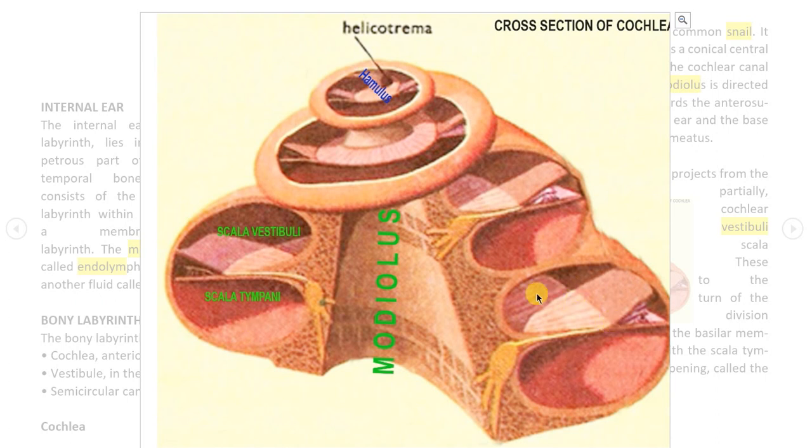That means if you enter from here, you take a turn at the helicotrema, then you come back and you exit from here. And when we end here, this membranous portion closing scala tympani is called the secondary tympanic membrane.